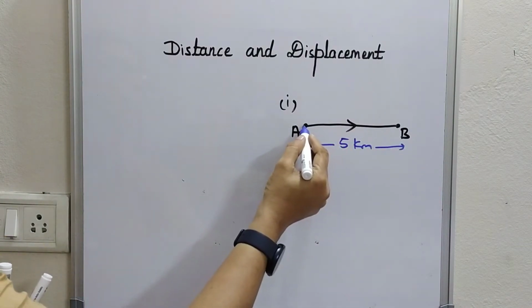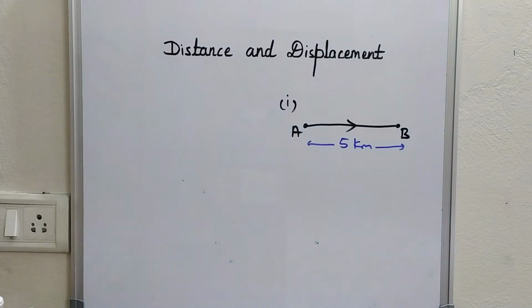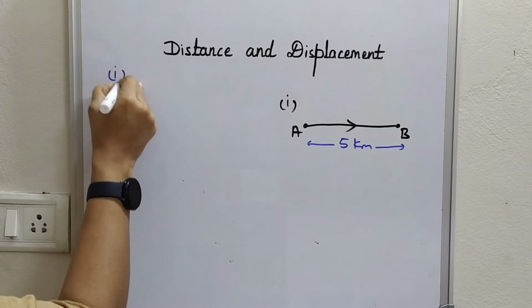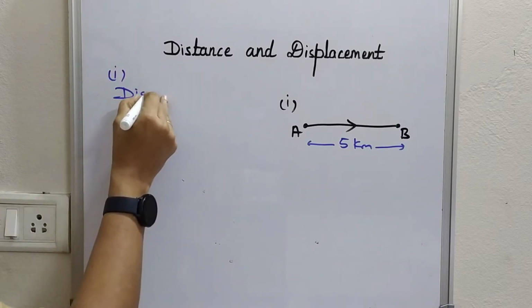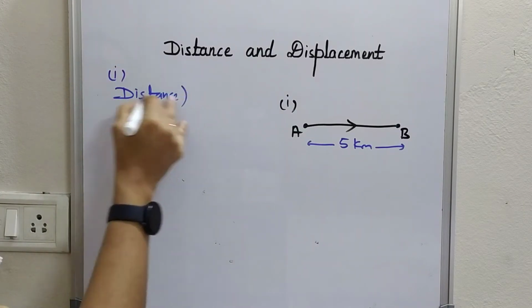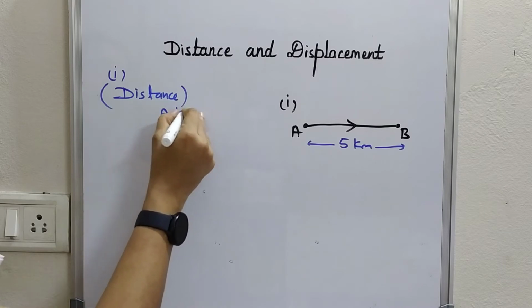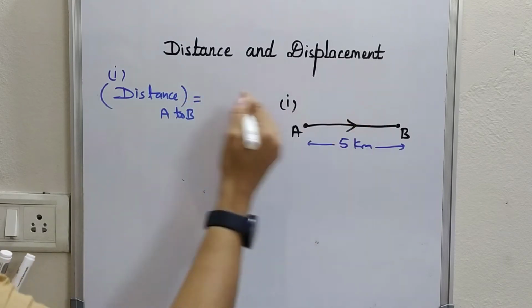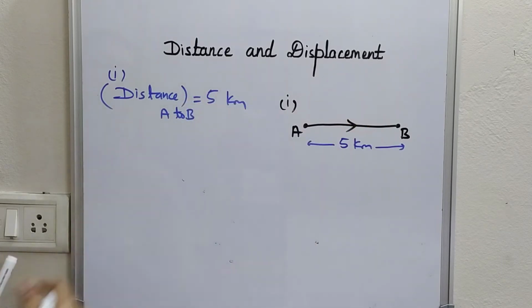So the body started from A and traveled all the way to B. What is the distance traveled by the body from A to B? The total length is 5 kilometers, so the distance is 5.